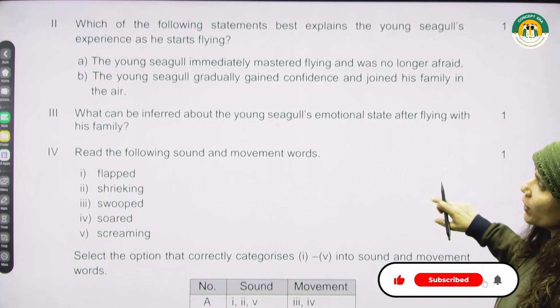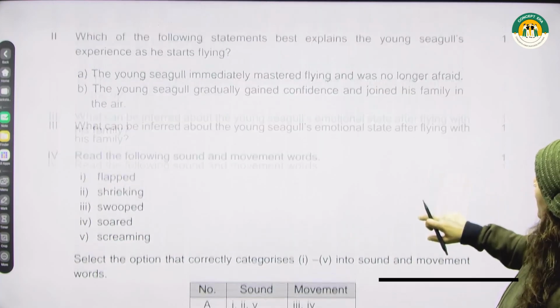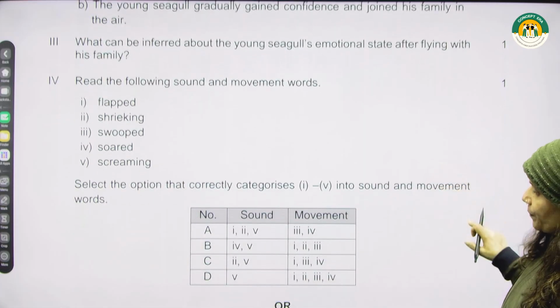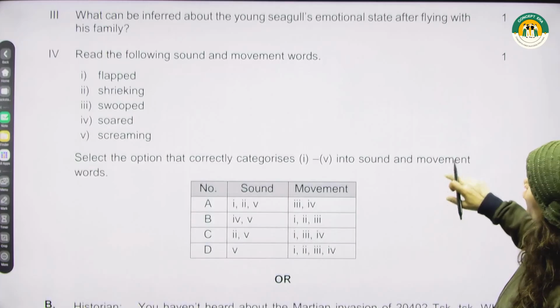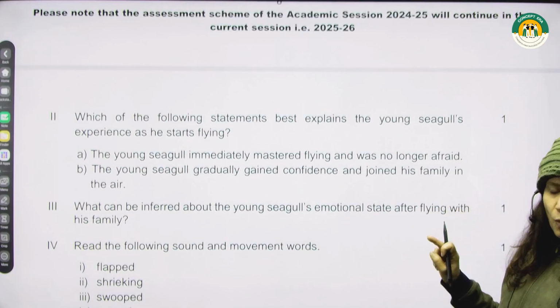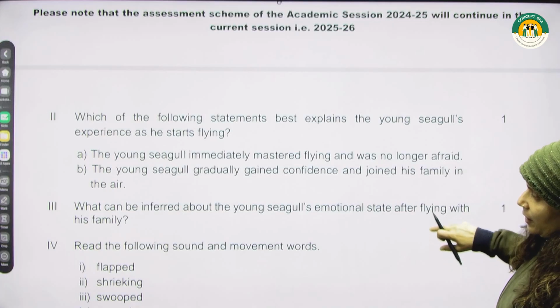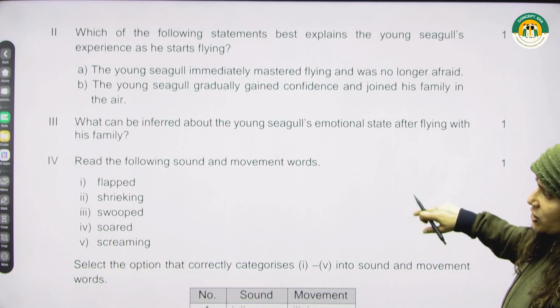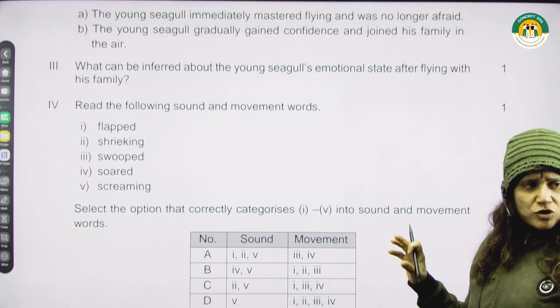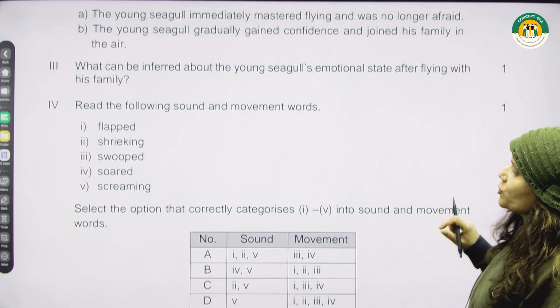So there are the questions: question number 1, question number 2, question number 3, and question number 4. There are 3 questions which carry 1 mark, while there is only 1 question which carries 2 marks. So here you can see both types of questions, MCQs and subjectives.